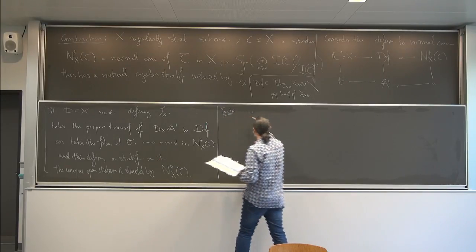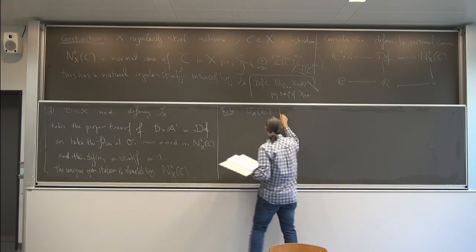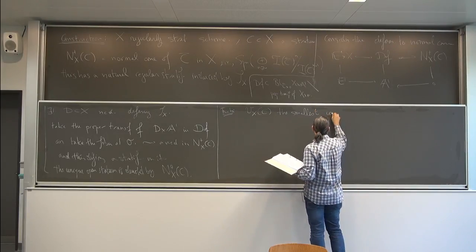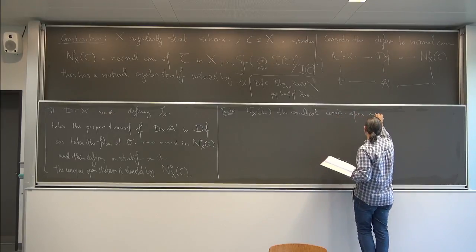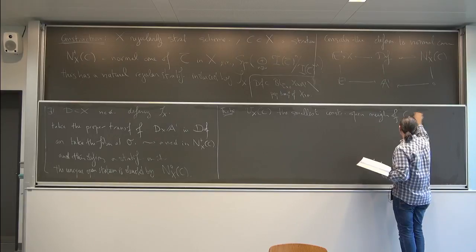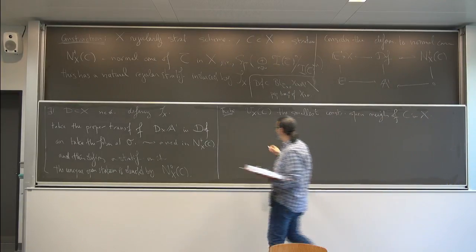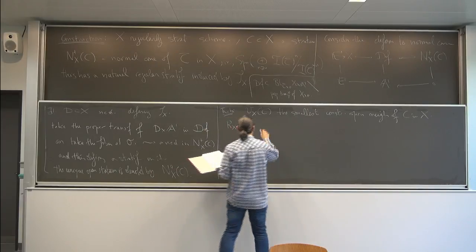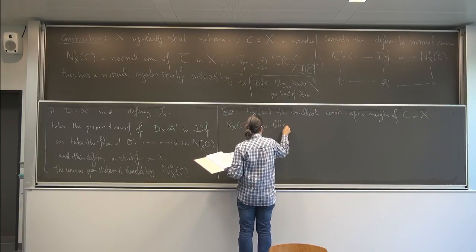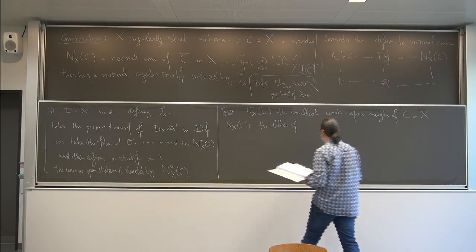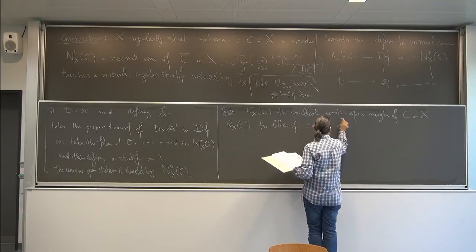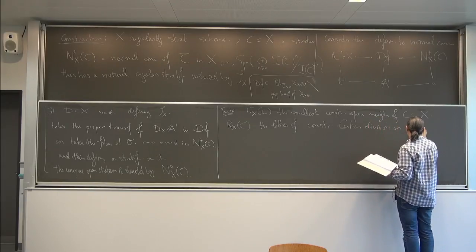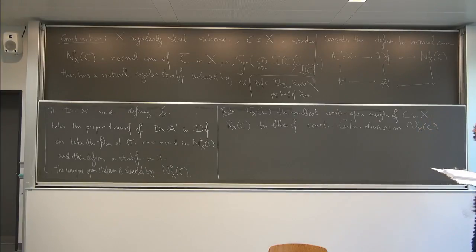Let's call V_{XC} the smallest constructible open neighborhood of C in X. Let's denote by R_{XC} the lattice of constructible Cartier divisors on V_{XC}.